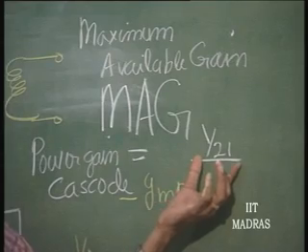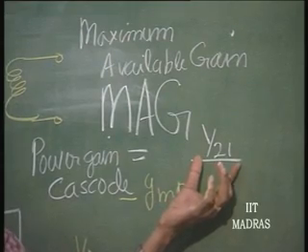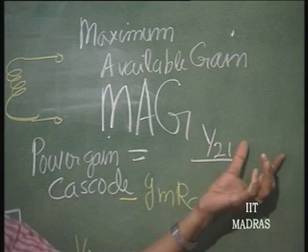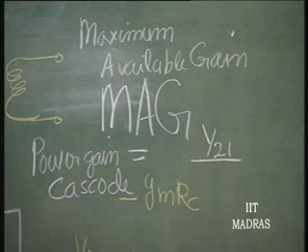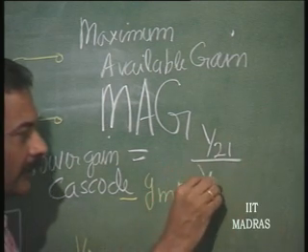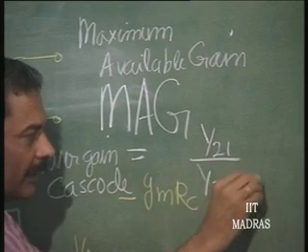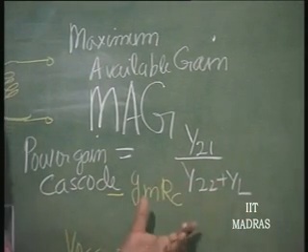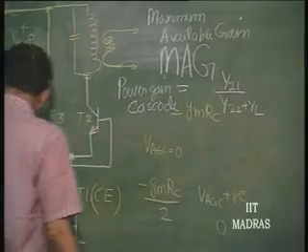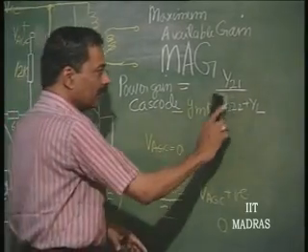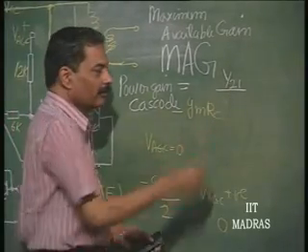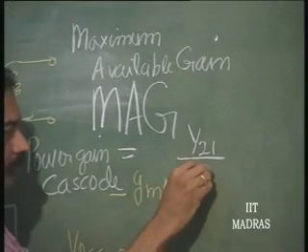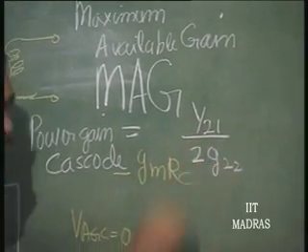Y21 is replacing in this case of y parameters the GM. RC is nothing but 1 over Y22 plus YL, and in our case that is the voltage gain. In our case Y22 plus YL is really equal to 2G22.